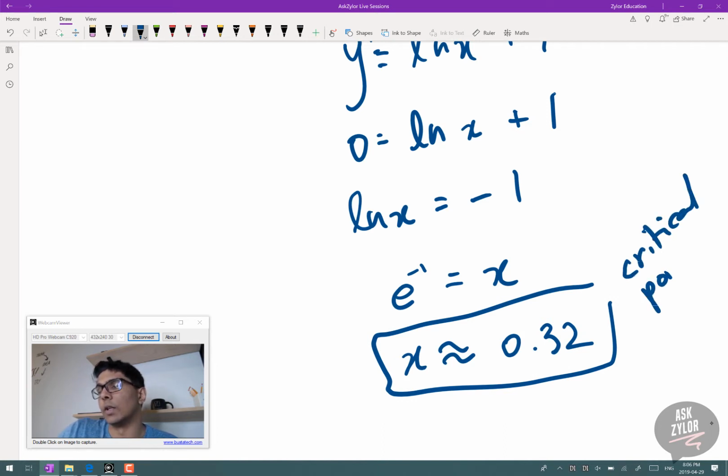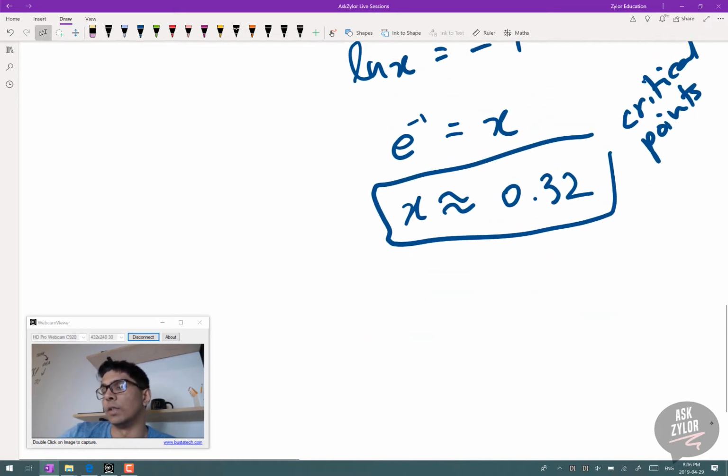Critical points give me a local min or max, or it could be an absolute min or max. I can't say for sure unless I plug it back into my original function and evaluate the endpoints of my range and domain as well. I found a critical point, so I can see if it's a min or max by using the first derivative.